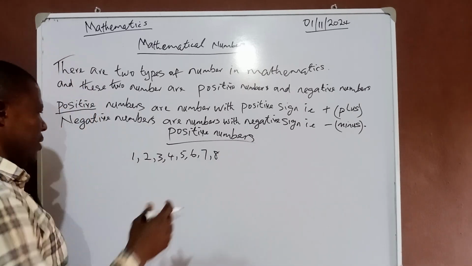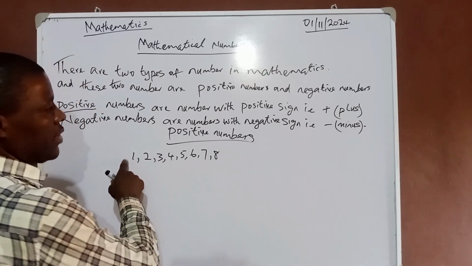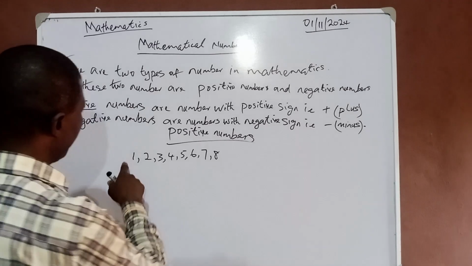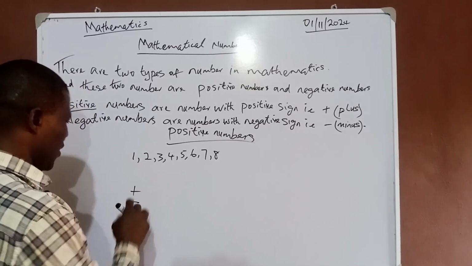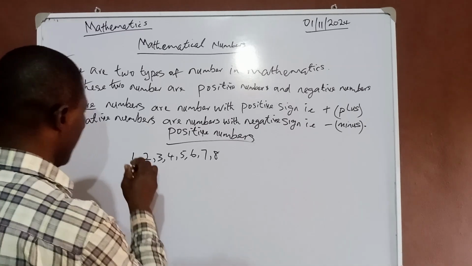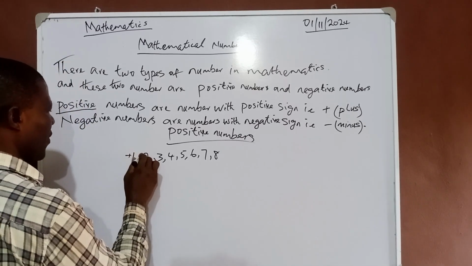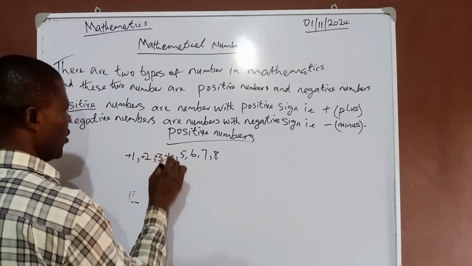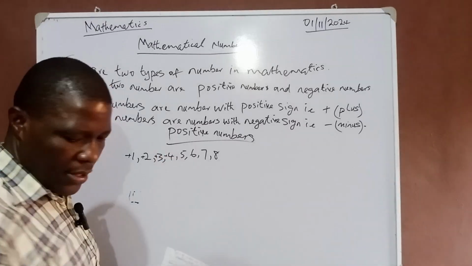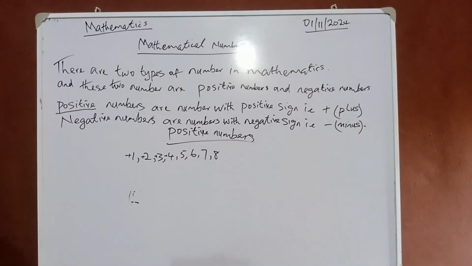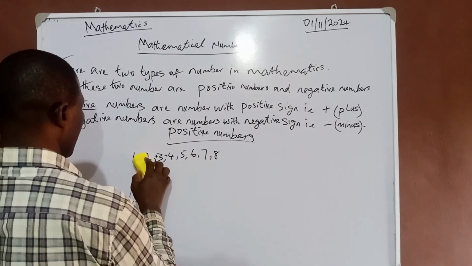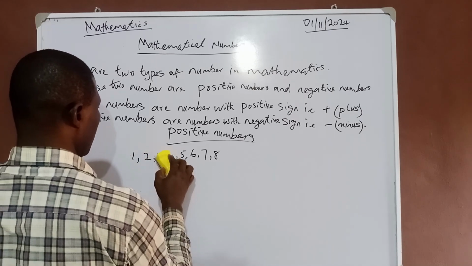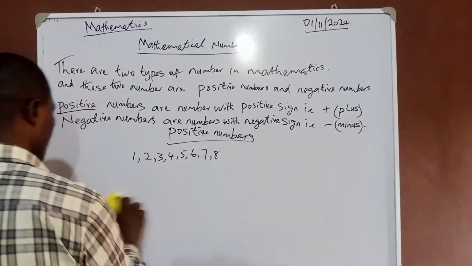What we mean by positive numbers: whenever you see a number without a sign, without plus or minus attached to it, it is a positive number. It can as well carry a plus, but conventionally, we don't add the plus when we are treating mathematics. If it is a negative number, the negative sign must be attached.